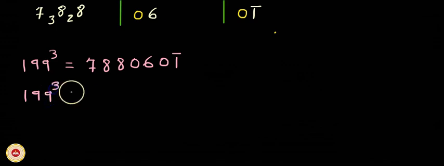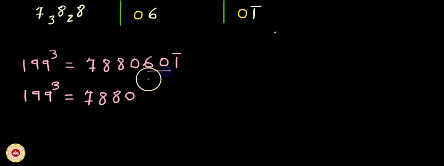199 cube is equal to, now let us write these digits as it is till this 0. Okay, so 7880. Now digit previous to negative digit in this number is 0. So let us consider this 6 also. It is 60.